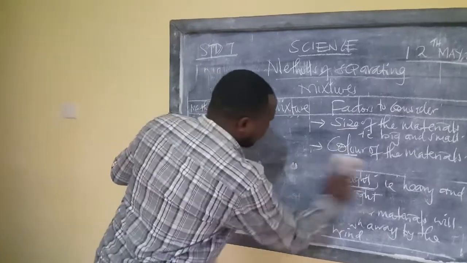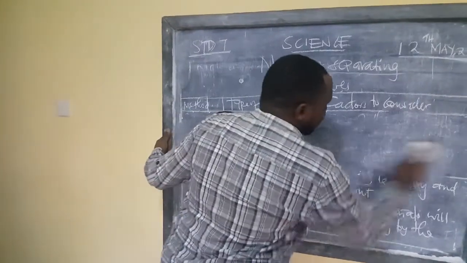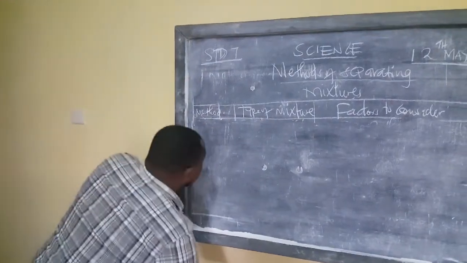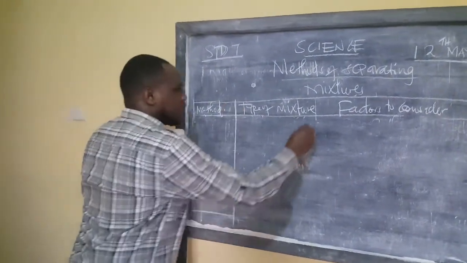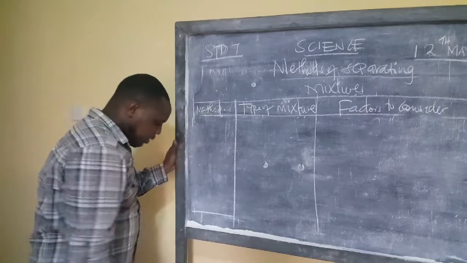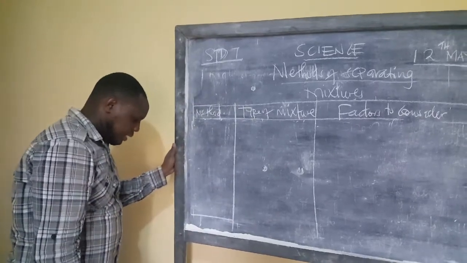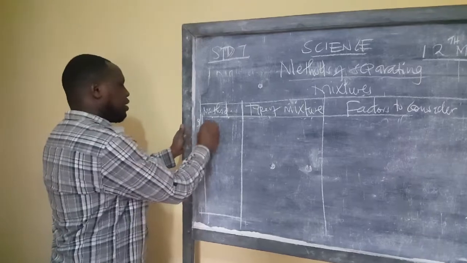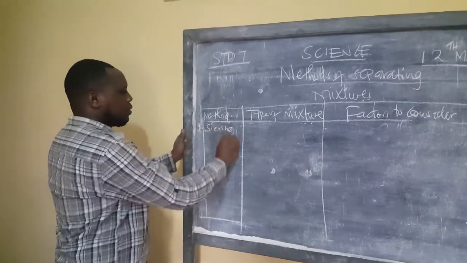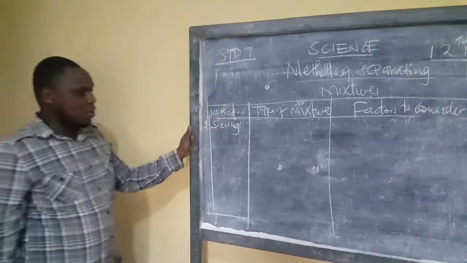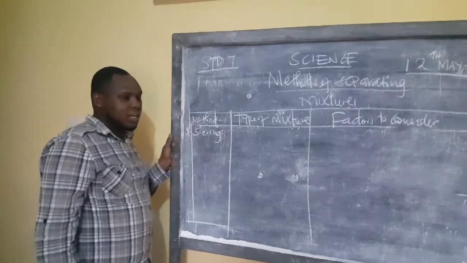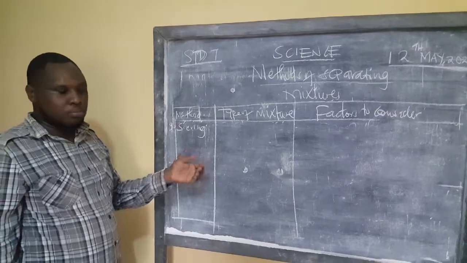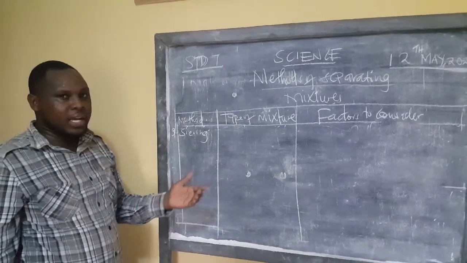The third method of separating mixtures is going to be sieving. I understand most of you have gone to the posho mills, whether up country or here in town.